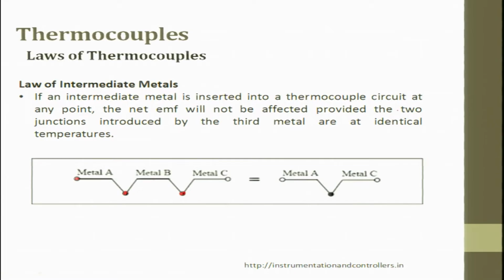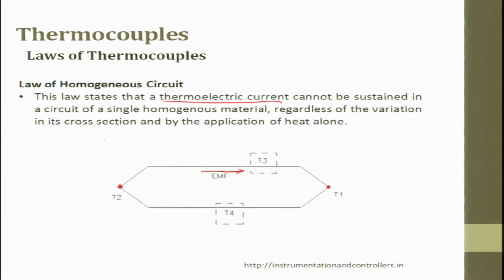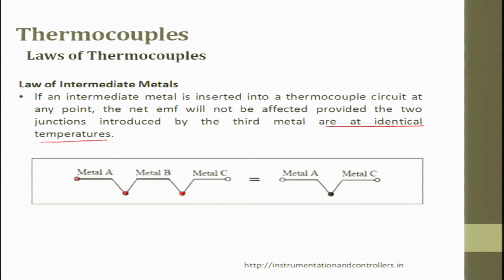So, two laws, one is the law of homogeneous circuits and the other is the law of intermediate metals. These two are the basic laws.